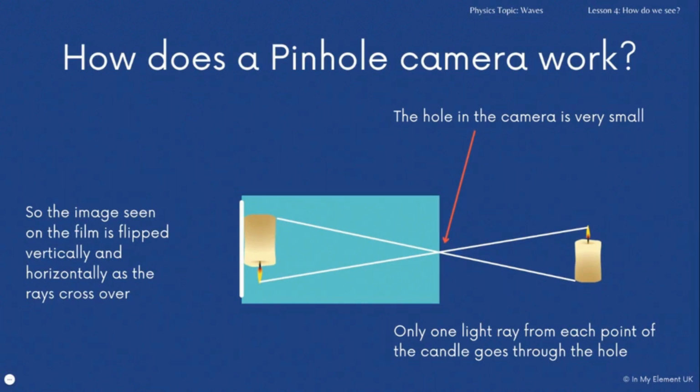You need to know what happens with the rays, where the rays come from, and the fact that they don't come from lots of different points on the object, and the fact that the rays of light cross over, which inverts and flips the image. And it's as we said, a very, very simple camera, and the point of it is based on the fact that light is travelling in straight lines.